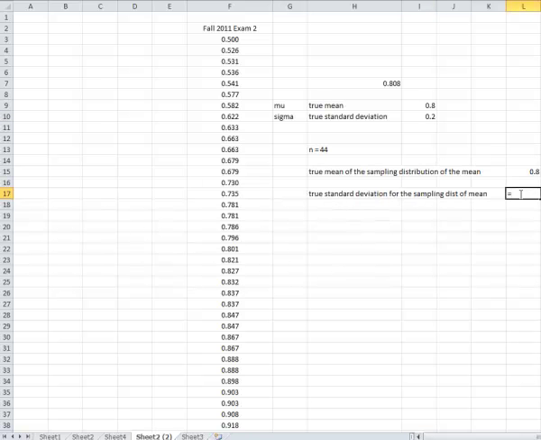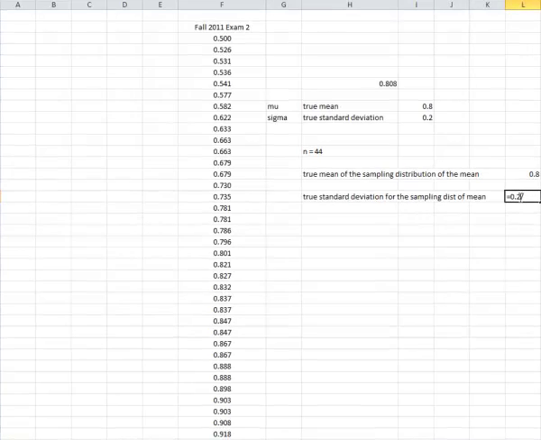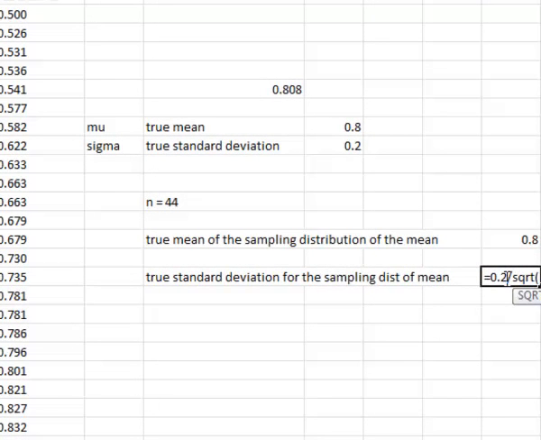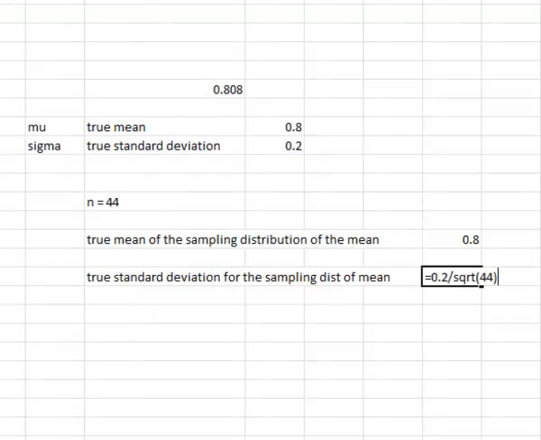Instead, it's going to be 0.2 divided by square root of the sample size, which is 44. And that's going to be one standard deviation for the sample mean for a sample size of 44.